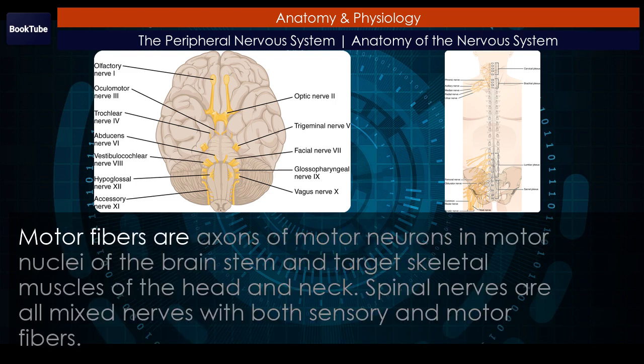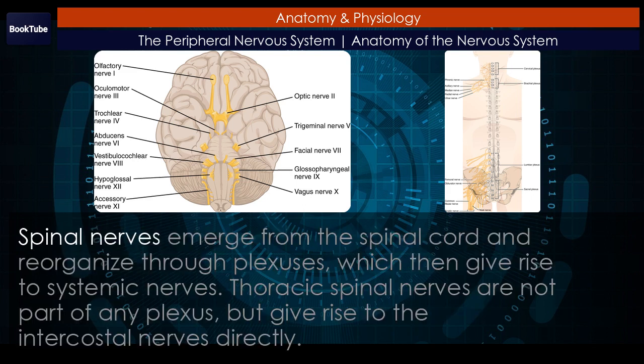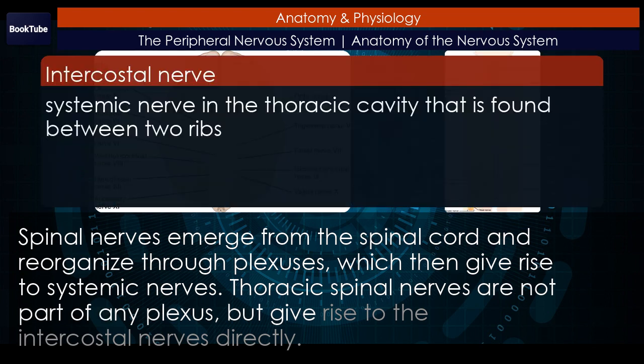Motor fibers are axons of motor neurons in motor nuclei of the brainstem and target skeletal muscles of the head and neck. Spinal nerves are all mixed nerves with both sensory and motor fibers. Spinal nerves emerge from the spinal cord and reorganize through plexuses, which then give rise to systemic nerves. Thoracic spinal nerves are not part of any plexus, but give rise to the intercostal nerves directly.